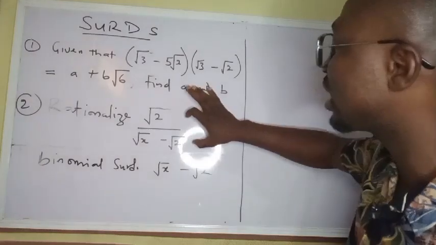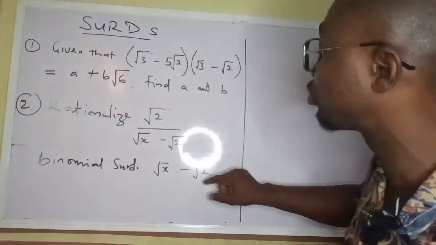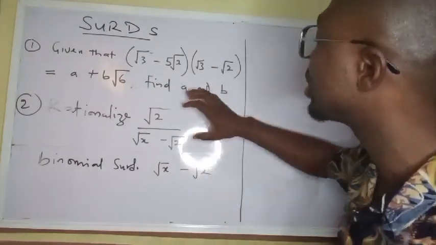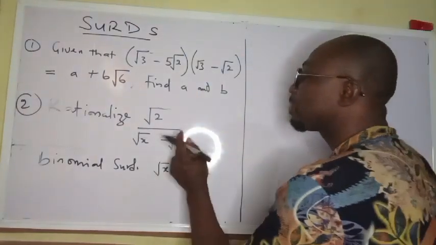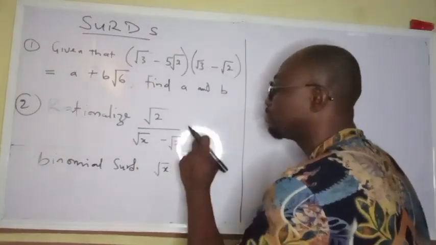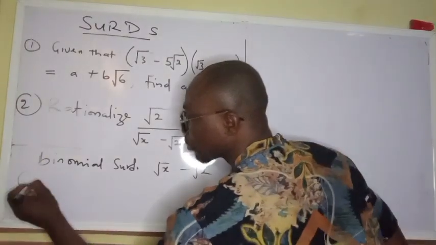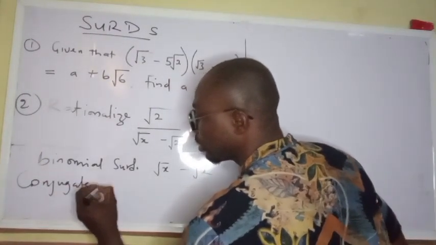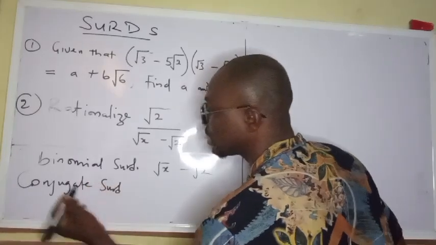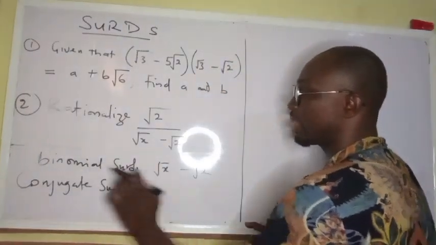Now for us to rationalize √x − √2, we will multiply both the numerator and the denominator by the conjugate of the binomial surd.